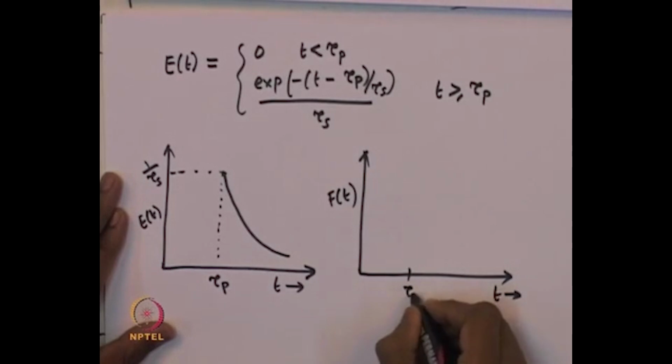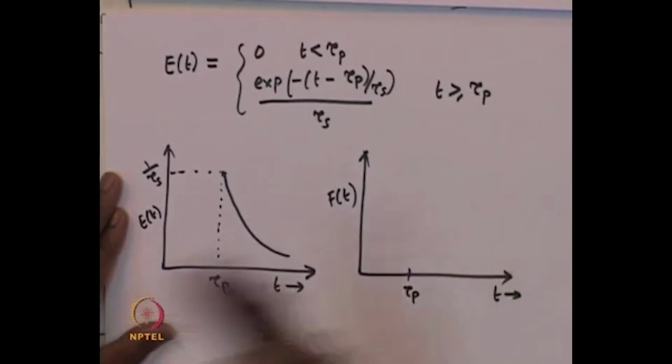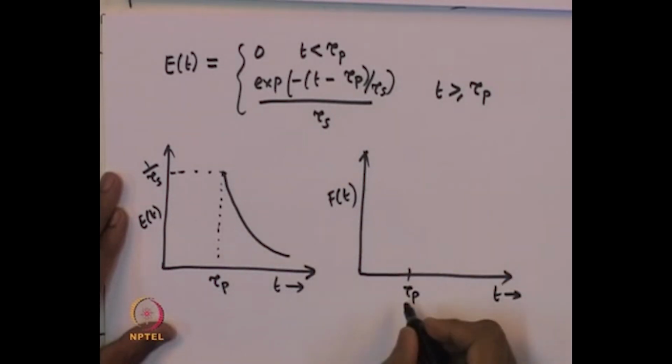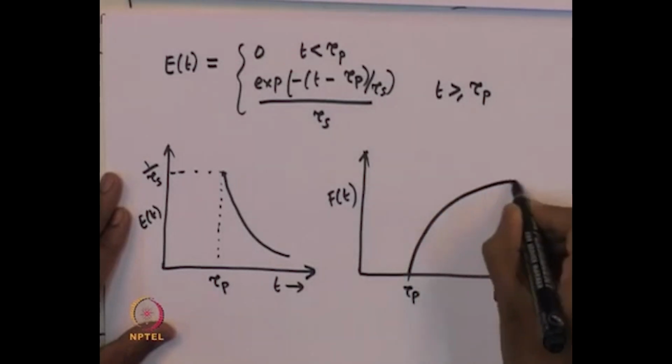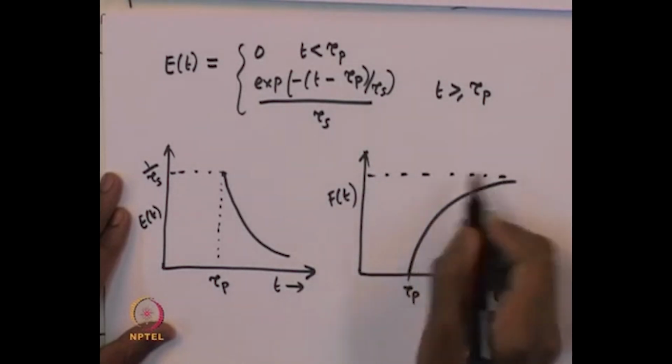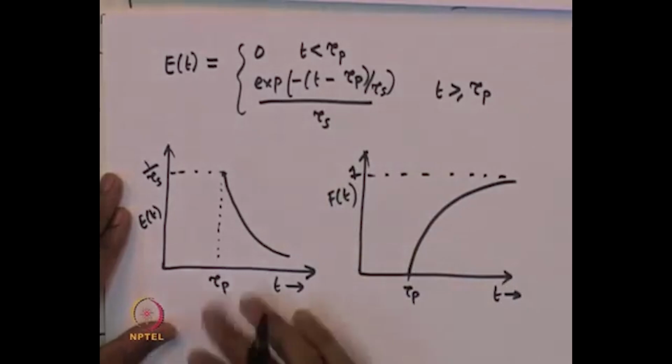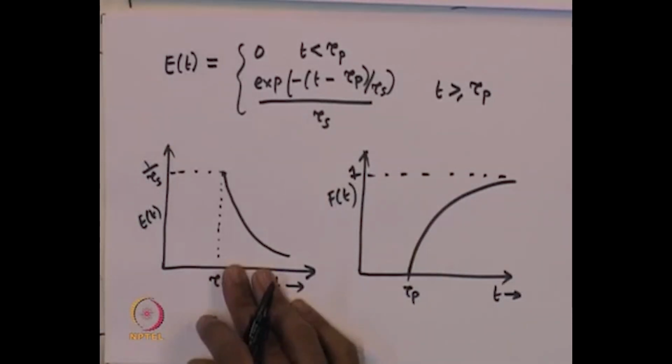It will start at tau p, because the delay time is equal to the space time of the plug flow reactor, and then there will be an exponential increase in the F curve, going all the way up to 1. So, that is the residence time distribution for a CSTR followed by a plug flow reactor.